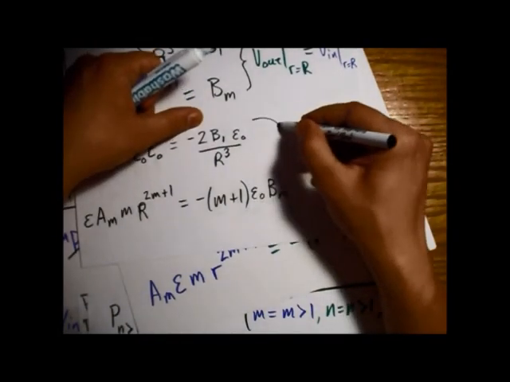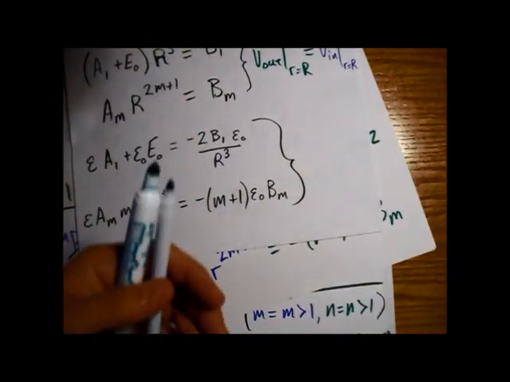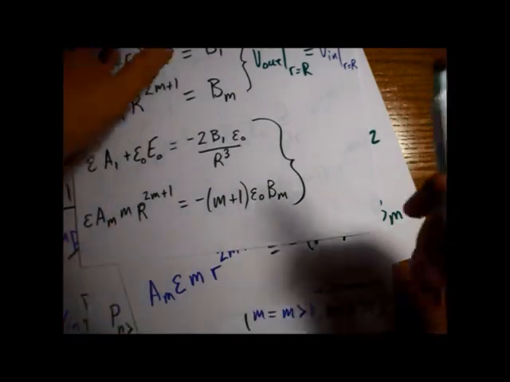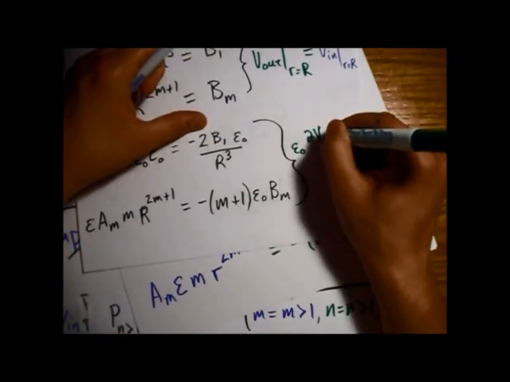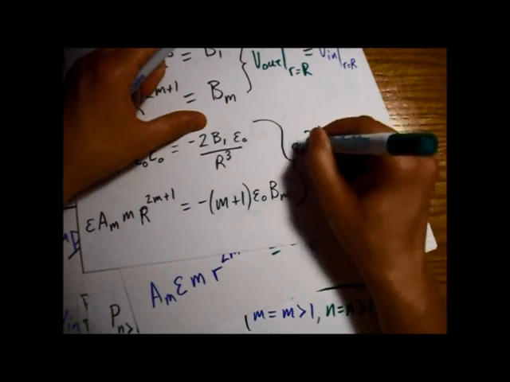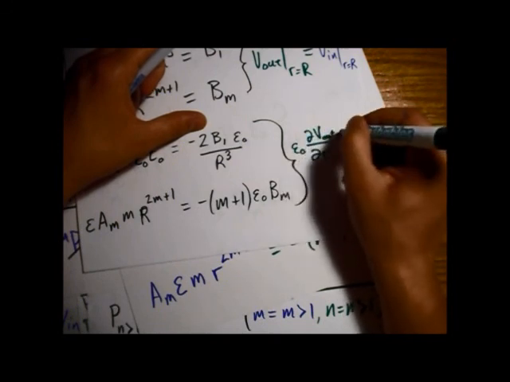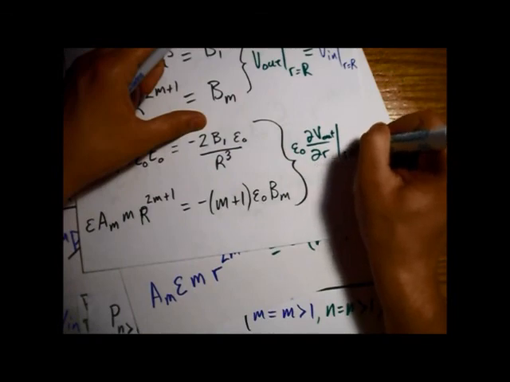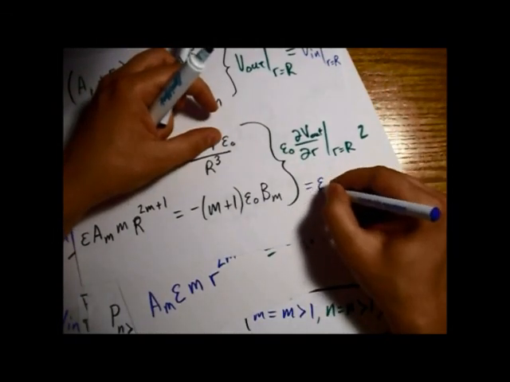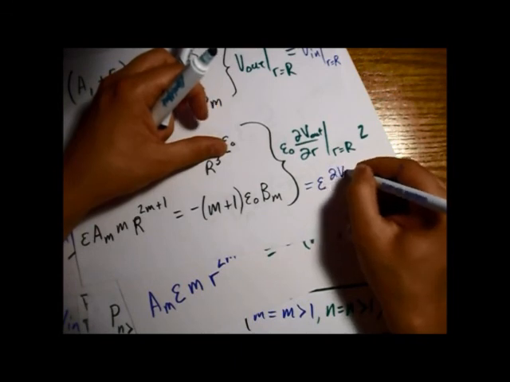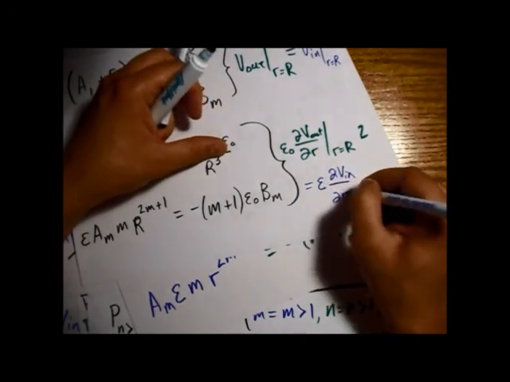All right, so all of this came from the epsilon naught dV out by dr equal to epsilon dV in by dr.